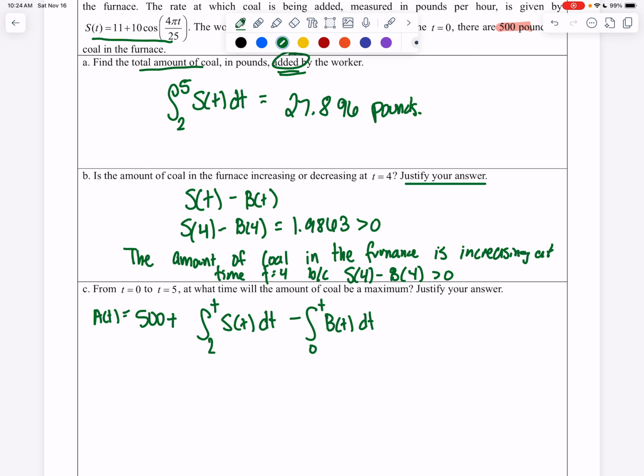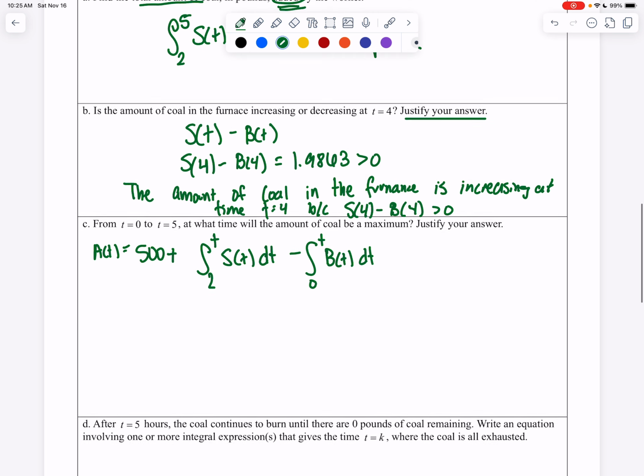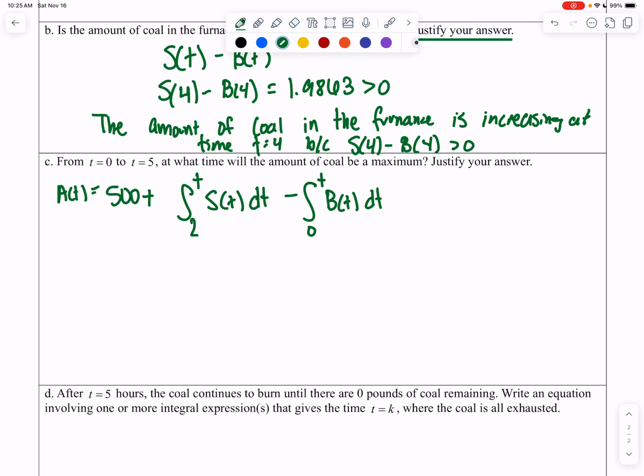Now, to find out when the amount of coal will be a maximum, I'm going to go ahead and take the derivative of that and find my critical point. So A prime of t using FTC part 2. Oops, let me change this. I don't like this. I need to have a dummy variable right here and right here, because if I were to do t of t, that doesn't work.